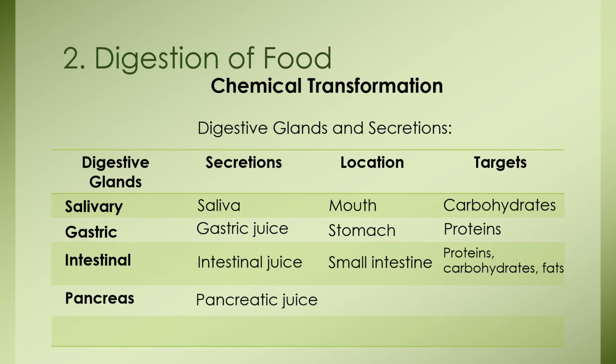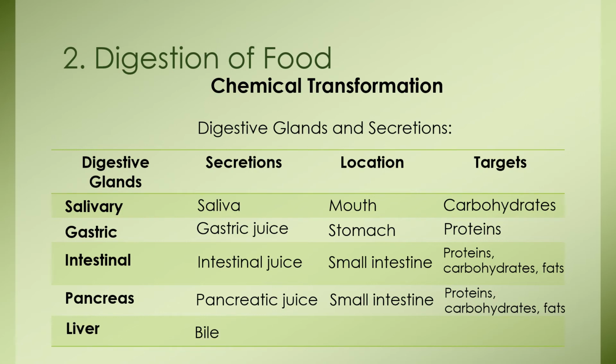The pancreas secretes the pancreatic juice in the small intestine. So the pancreas is a separate gland, but the pancreatic juice is secreted into the small intestine and also targets protein, carbohydrates, and fats.